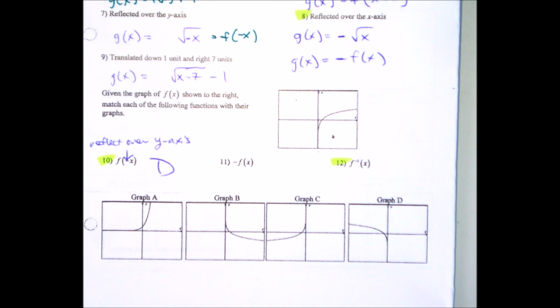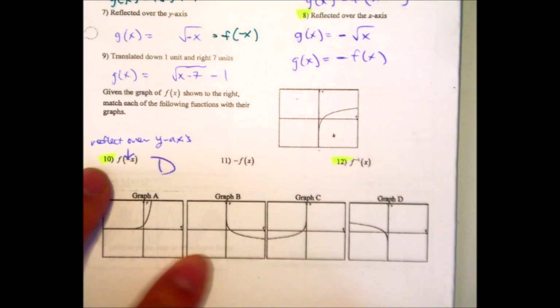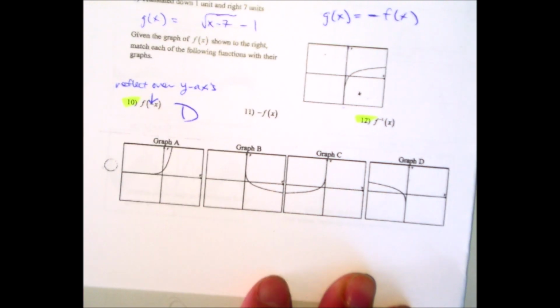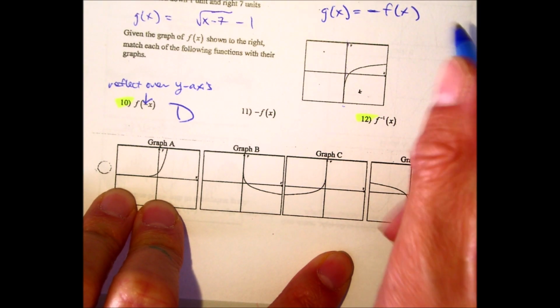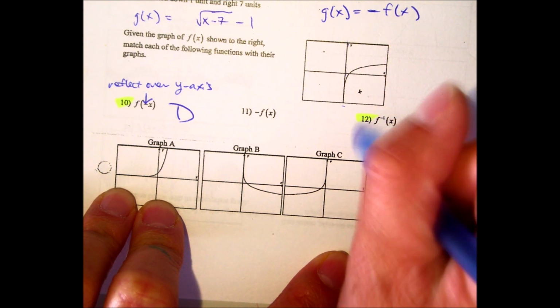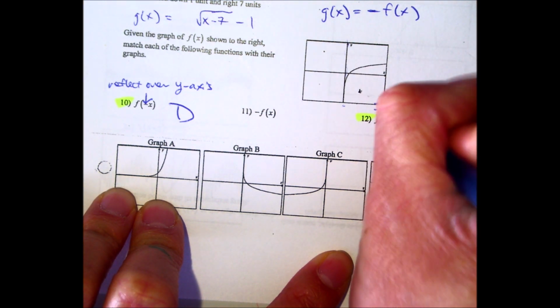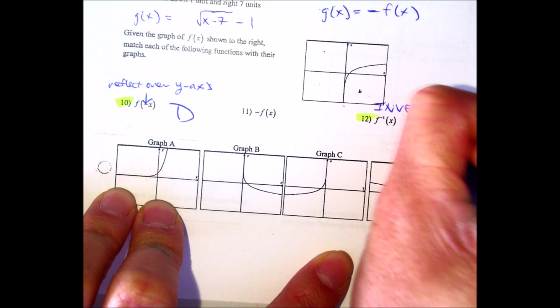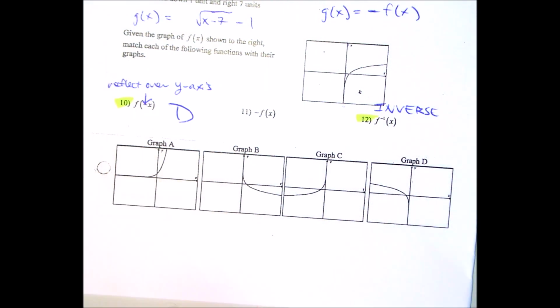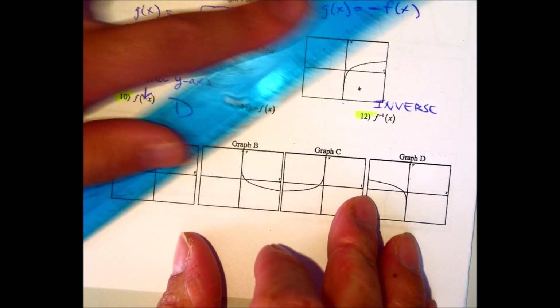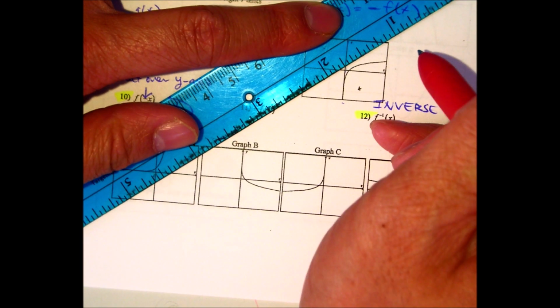And Lillian. What does that symbol mean here? Number 12? Means the inverse. Okay, let's see if you got it. Inverse means that you should have reflected it over y equals x.